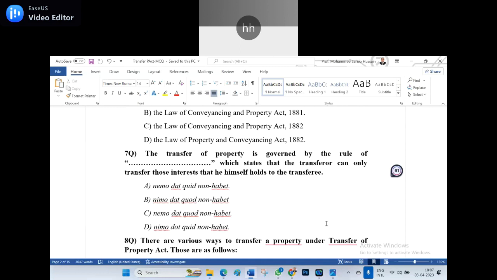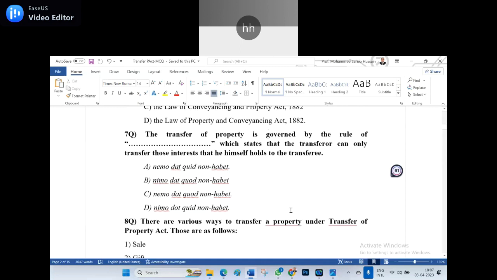I made only the spelling change. Option A, wrong. It's C. A tough question, unless you know it very strongly. Yeah, C is the right answer. Nemo dat quod non habet. That is the right answer.